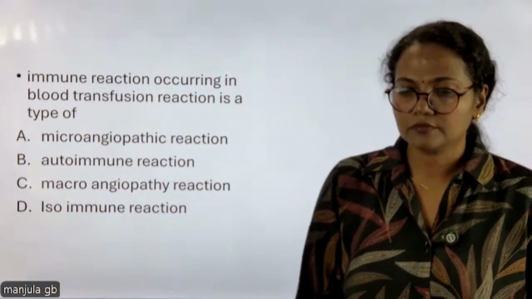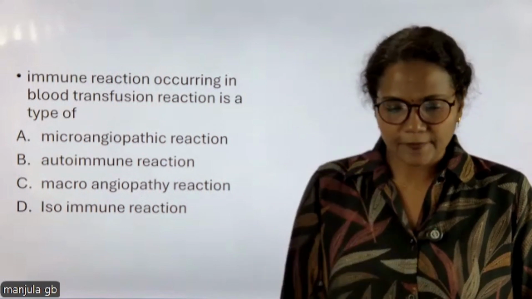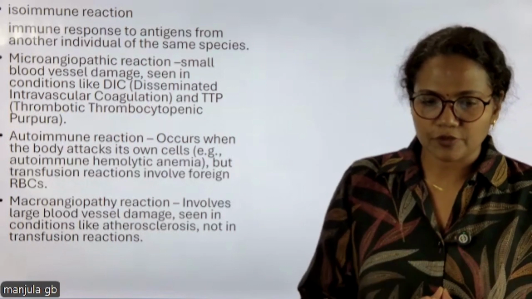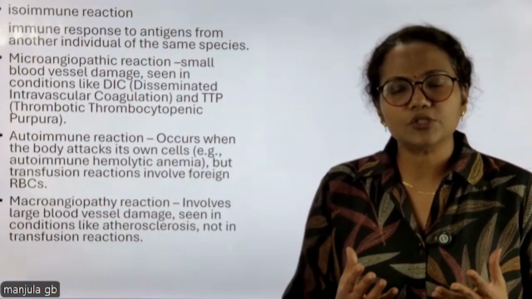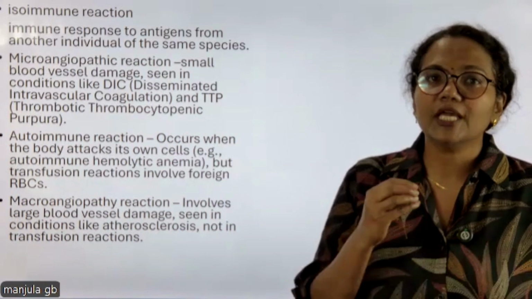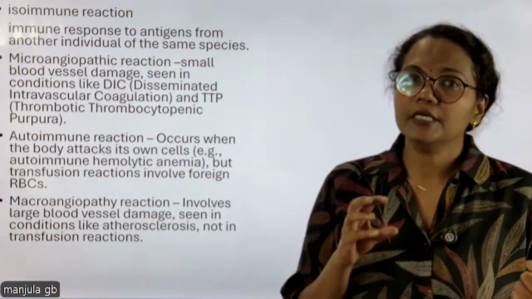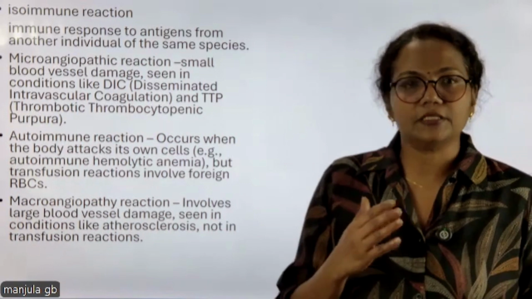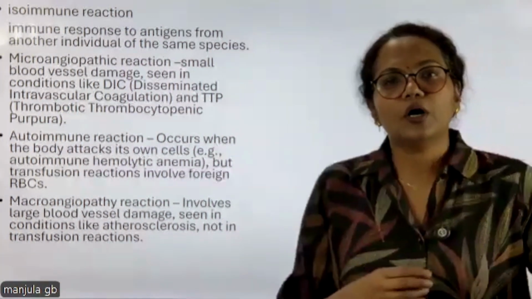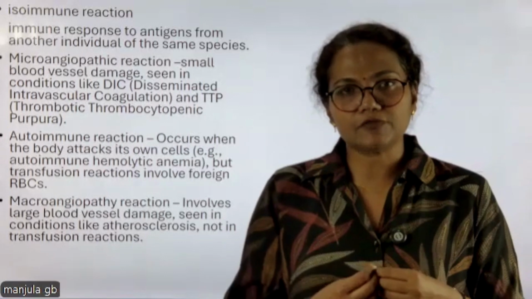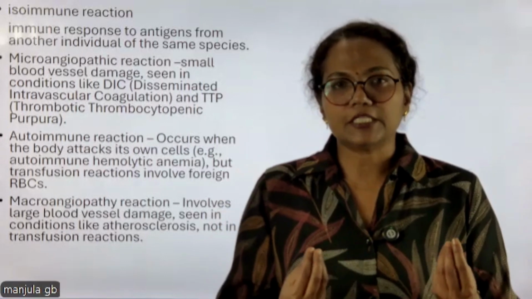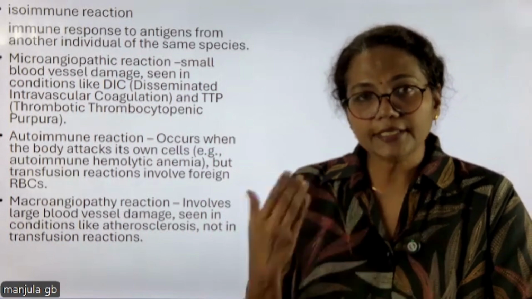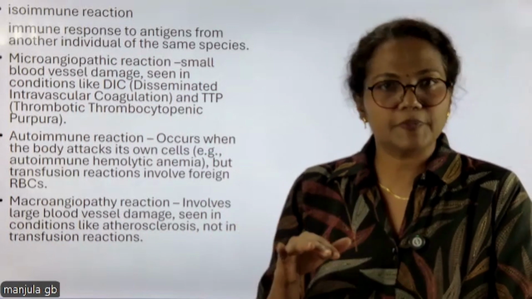The answer is isoimmune reaction. Isoimmune means you are getting a reaction to the antigens from the same species, or say from another person of the same species. When you are getting a blood transfusion, you are getting the antigens of another person but of the same species, right?